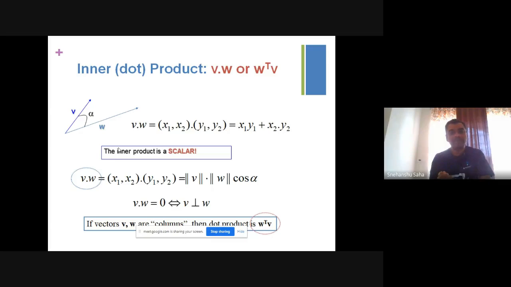So what do you do with a number? Other than figuring out whether two vectors are orthogonal to each other, this is very important in the context of projections. If you recall, in support vector machine, I showed an example, right?